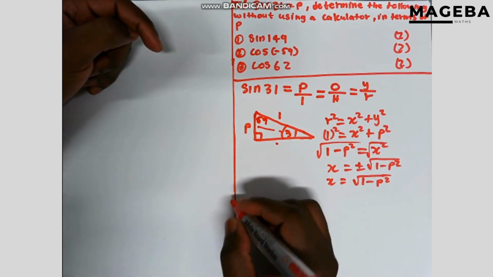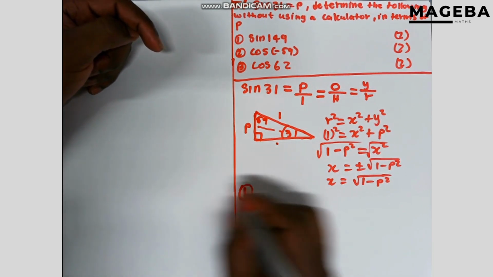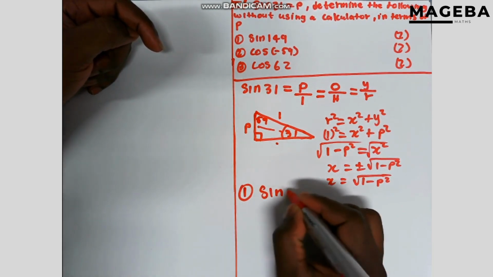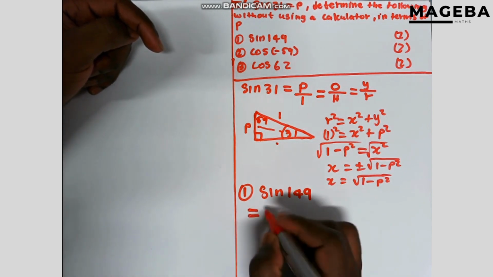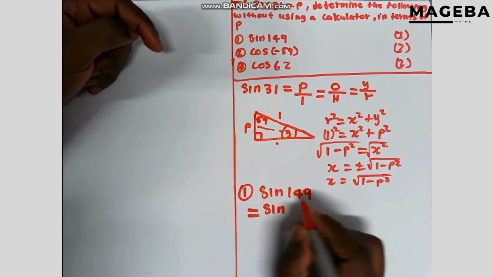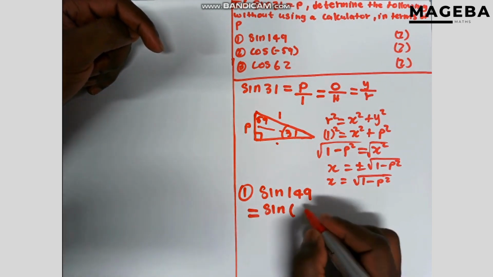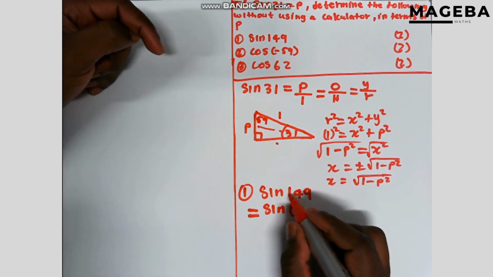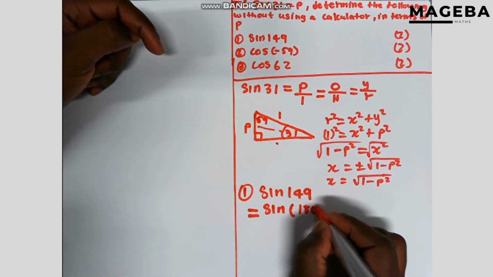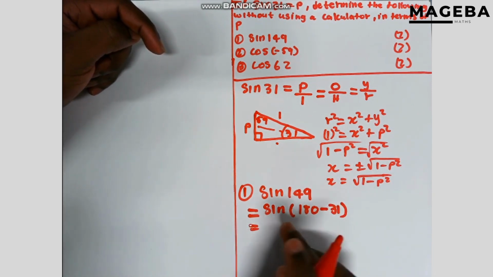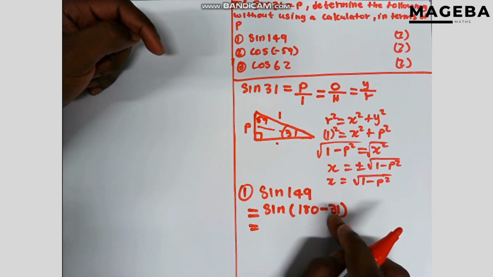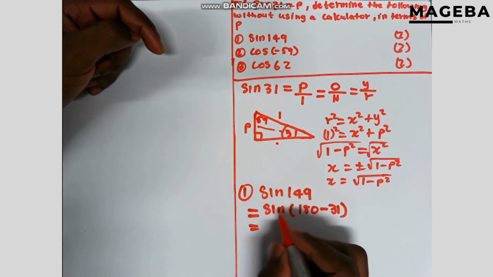So if you're answering the questions now, number 1 is saying sine of 149. So sine of 149, we're going to use the reduction. In order for us to find 149, it's going to be 180 minus what? 31. If you're saying 180 minus 31, you're going to find 149.